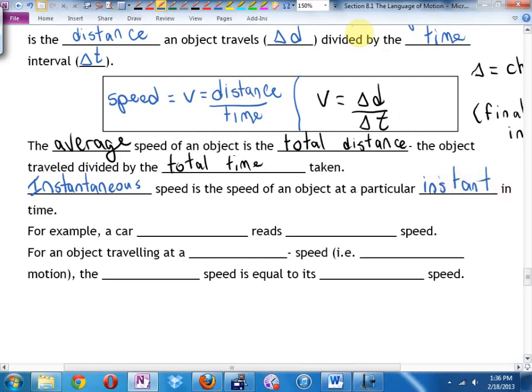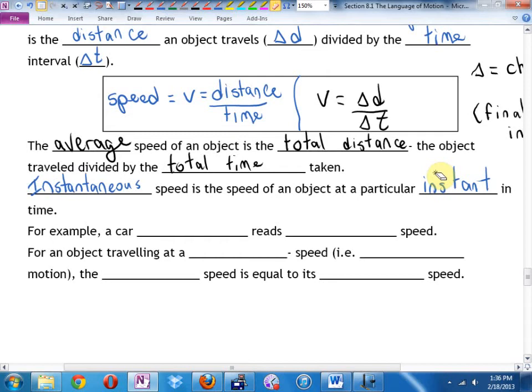Instant in time. That's what I was thinking. What would my instantaneous speed be, Amber, on that trip whenever I glanced at my speedometer? If it said 83, that's my instantaneous speed right then. And 40 seconds later, it might say 78 because I had to tap on the brakes. That's my instantaneous speed right then.